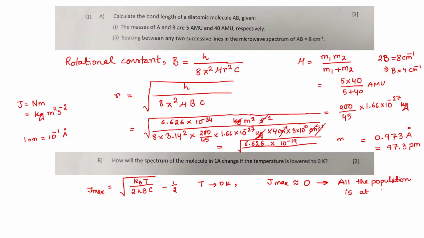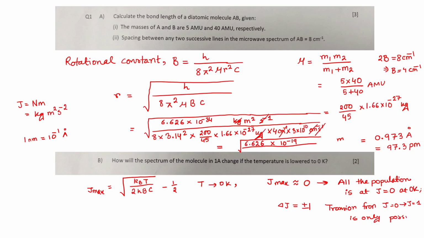is at J equals 0 now, at 0 Kelvin. So if my selection rule tells me that delta J can be plus minus 1, so now what is the possibility? So only transition from J equals 0 to J equals 1 is possible.